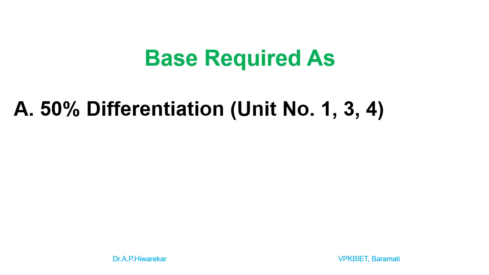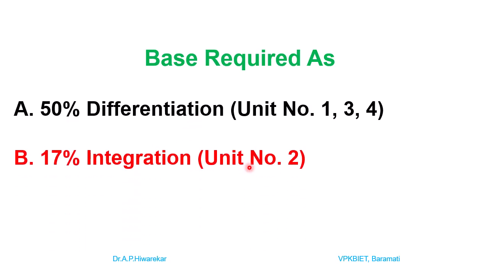So in short, we require differentiation as a base. Unit numbers 1, 3 and 4 of M1 are based on differentiation, which means 50% of our course is based on derivatives.